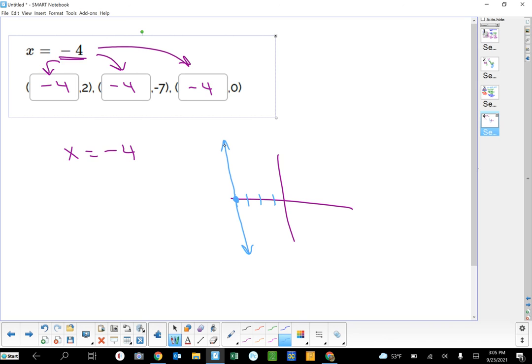So any point on that line is going to have an x value of negative 4. Doesn't matter what the y variable is, every single x value is going to be negative 4. So don't let that one trip you up if you see something like that. If they tell you some variable is some value, it's going to be that value for every one of those.